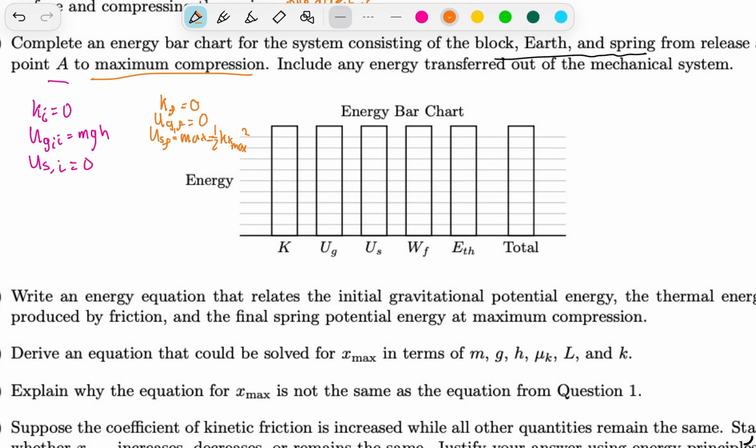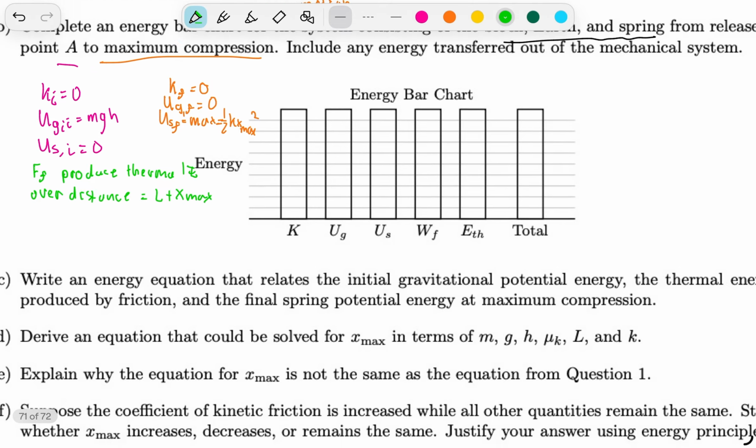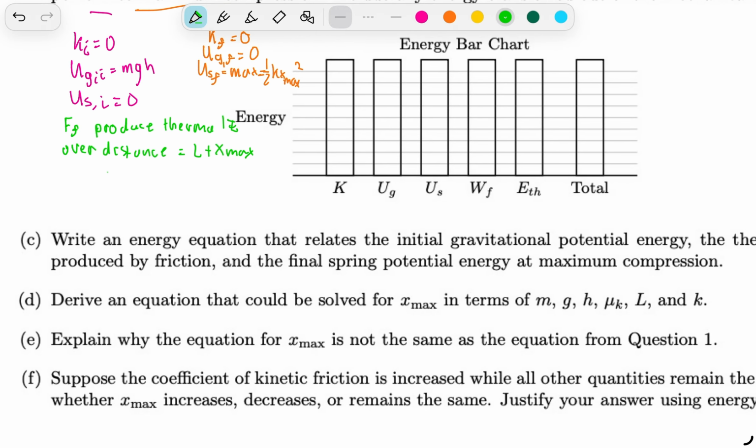So then what we know is that the force of friction is going to produce thermal energy over a distance, which is the distance of L plus X max. So in order to calculate the thermal energy that we generated, that's going to be equal to the force of friction times L plus X max. That is the distance.